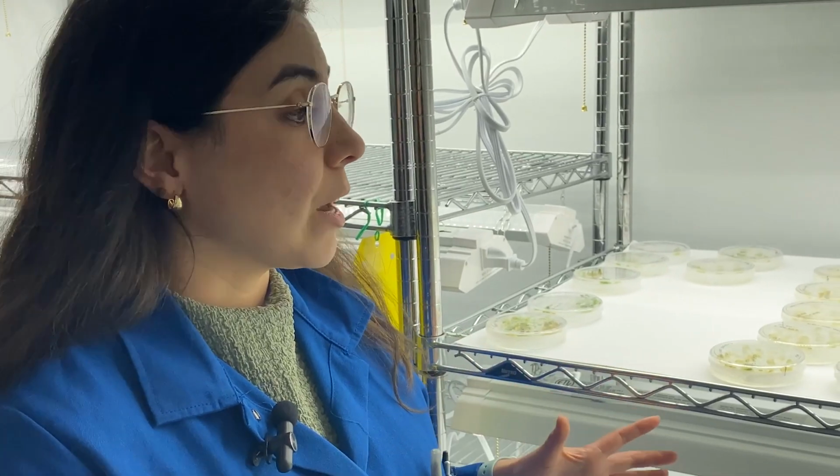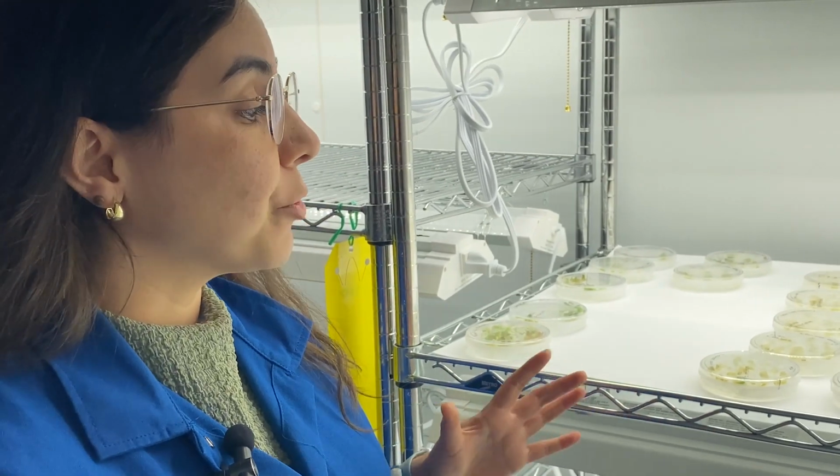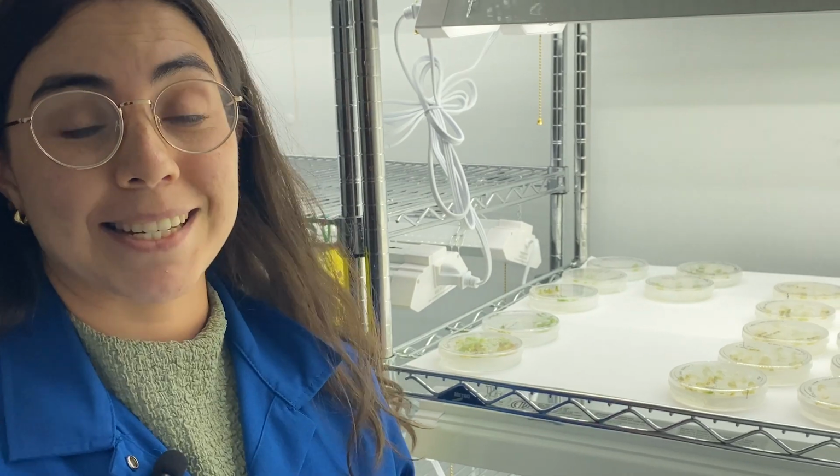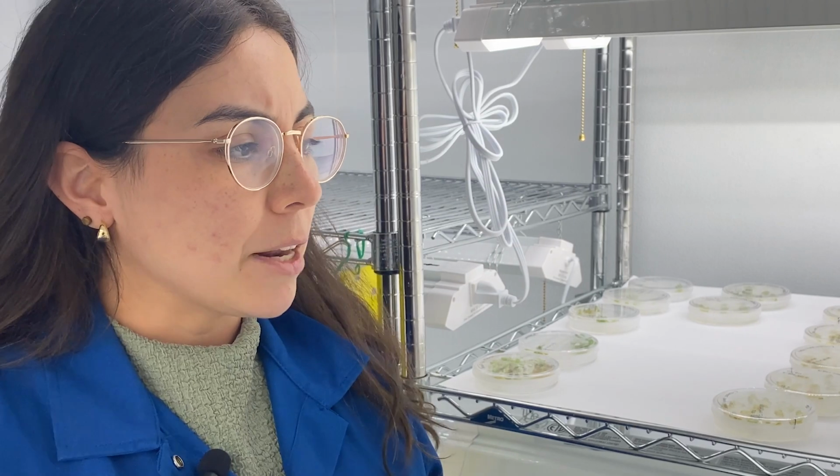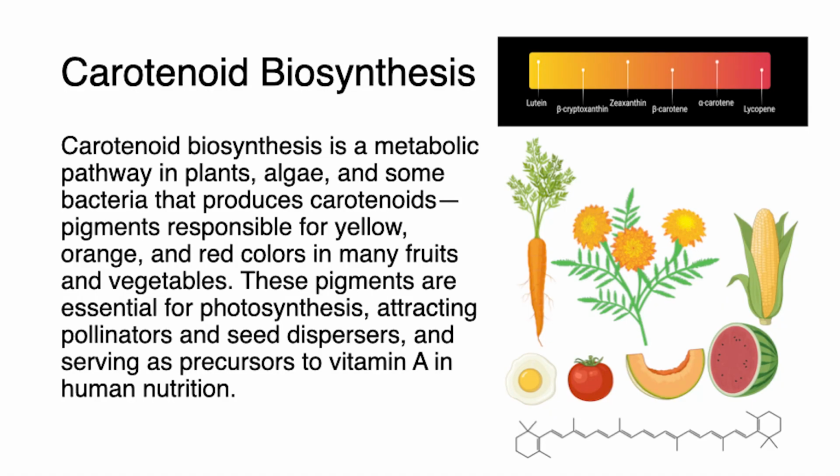One common thing that we do in this lab is we create transgenics using CRISPR-Cas9. CRISPR-Cas9 is this amazing novel way to make very precise edits to the lettuce genome. And we do this to improve lettuce. So I study carotenoid biosynthesis. Carotenoids are an important nutrient that us humans need to eat, and it has provitamin A capacity.